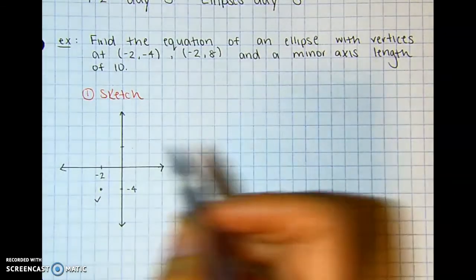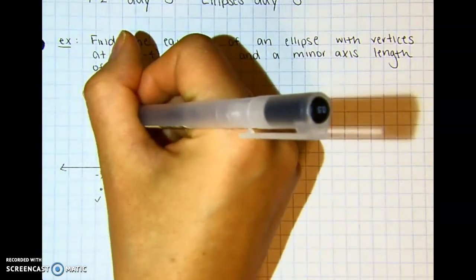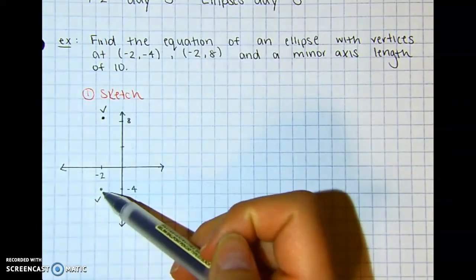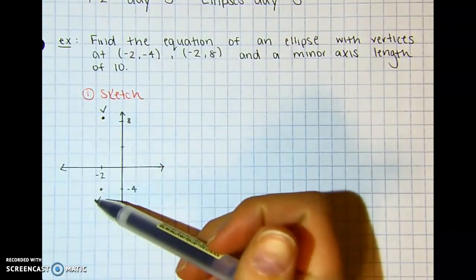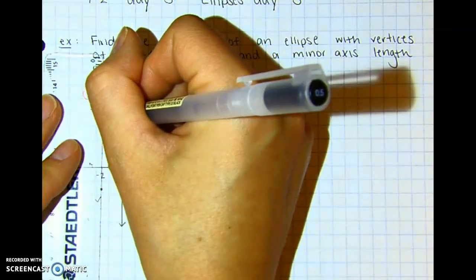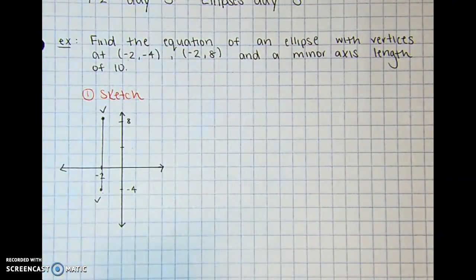I'm going to label it with a V. And then at -2, 8, I'll put this up here, we have another vertex. So vertex to vertex, remember, that is the major axis. So this is going to be our major axis length.